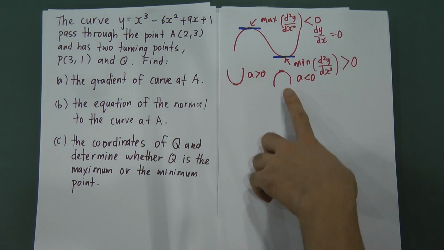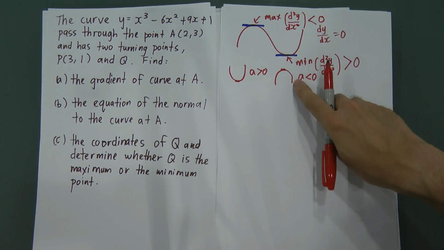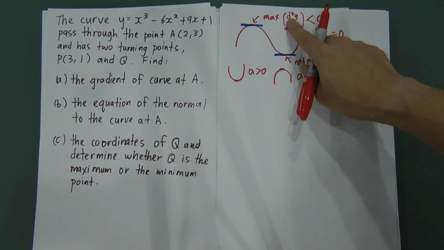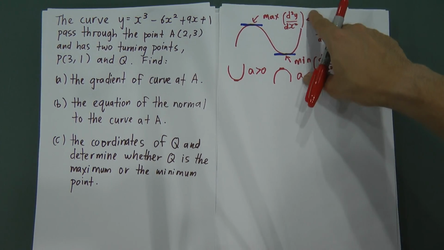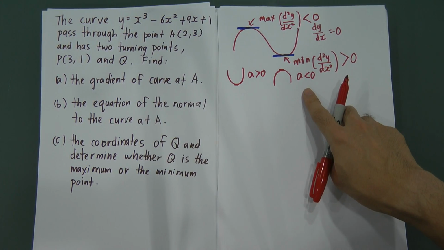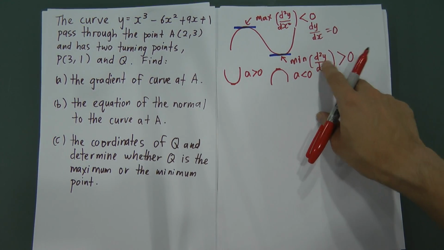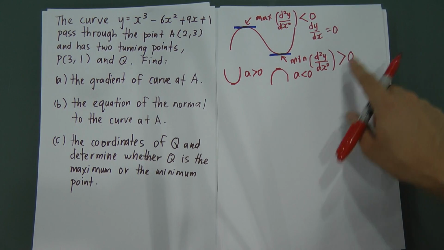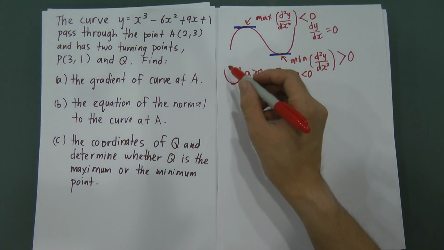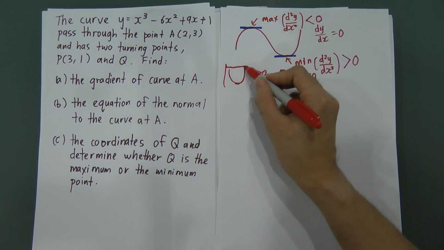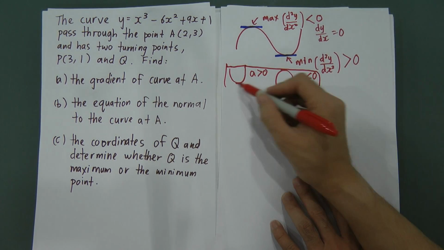So when I see a maximum point, I know d2y/dx squared will be smaller than 0. And when I see a minimum point, I know when I differentiate the second time, I will get bigger than 0. This is just something extra and not really related to this chapter.